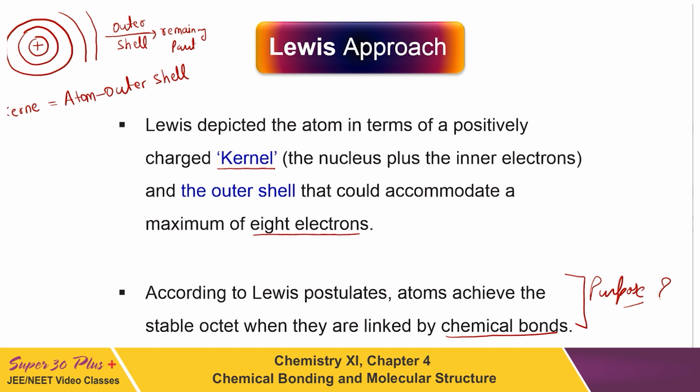According to the Lewis postulate, atoms achieve the stable octet, meaning whenever they have 8 electrons in their outer shell, their configuration becomes equal to the inert gas and they are said to be stable.